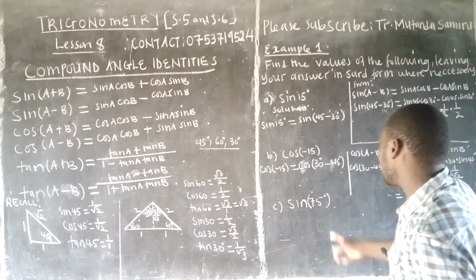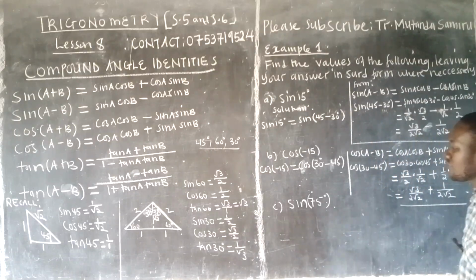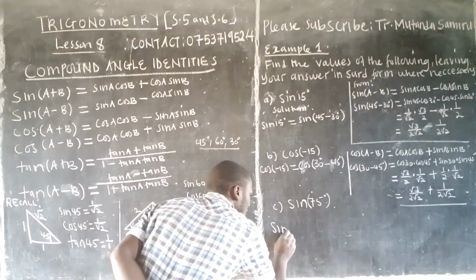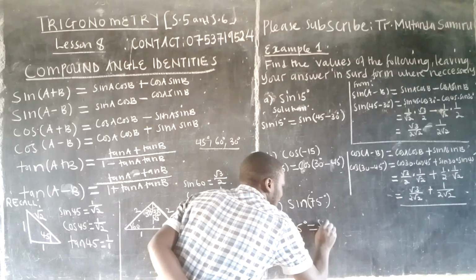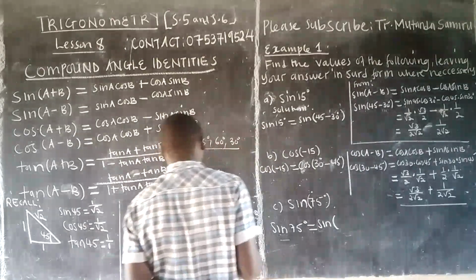Okay, the last one is here. We have sine of 75. Two numbers that you add to get that: sine of 75 is equal to sine of, now what do we do here, do we add or subtract?